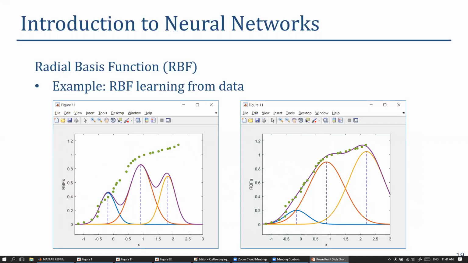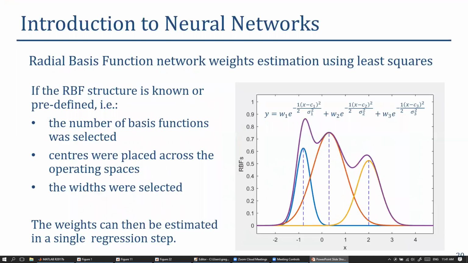So much effort has been made on how to reduce the computation cost and how to find good ways of parameterization. And one of them is suitable for the radial basis function neural network, in which we can find the weights, that means how high the Gaussian bells are, with a single regression step.